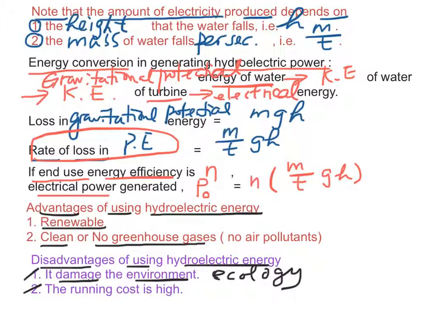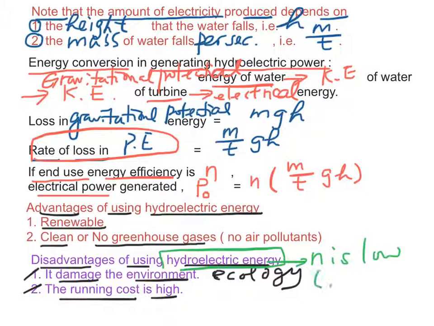Also, the running cost of a hydroelectric power plant is high. Also, the efficiency of producing hydroelectric energy is low, which is about 50% or even smaller.